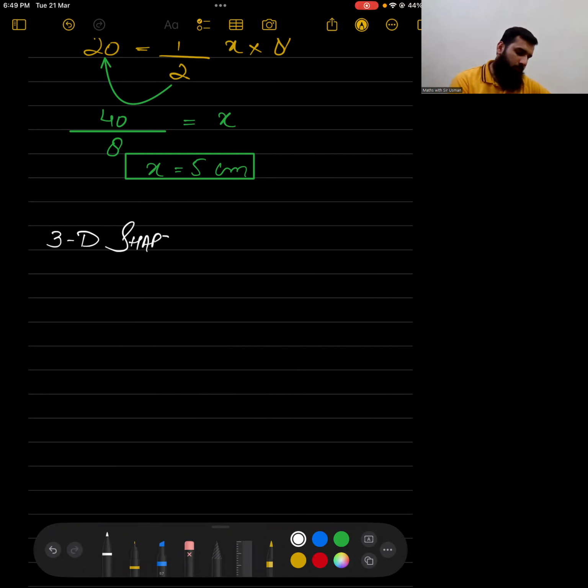and in the 3D shapes we need to focus on cylinder first of all. So we'll be discussing the cylinder.